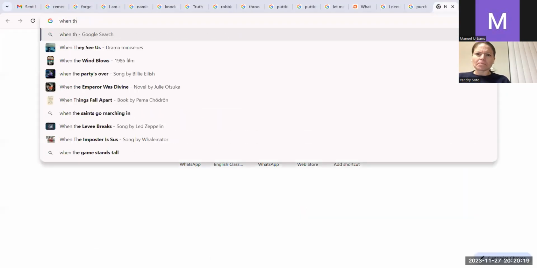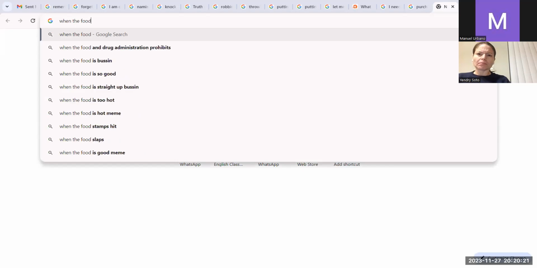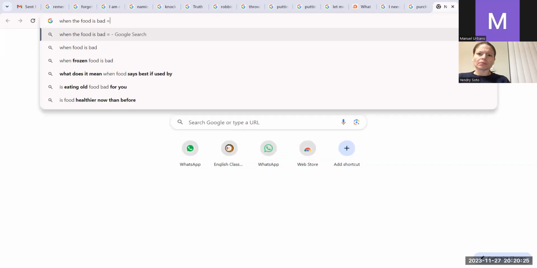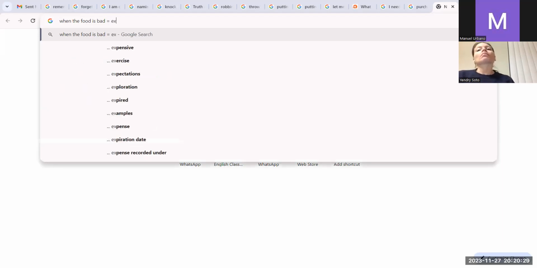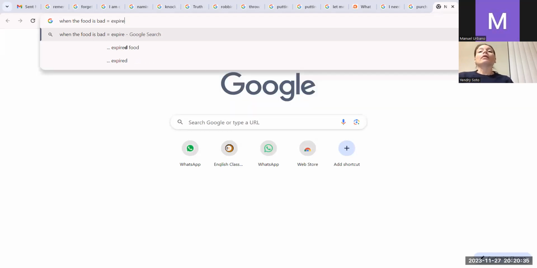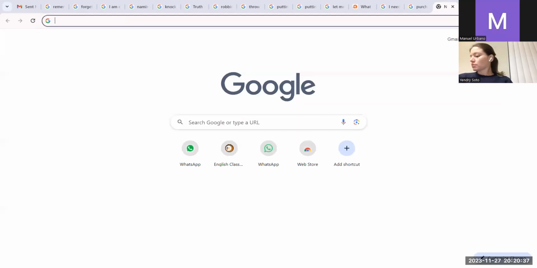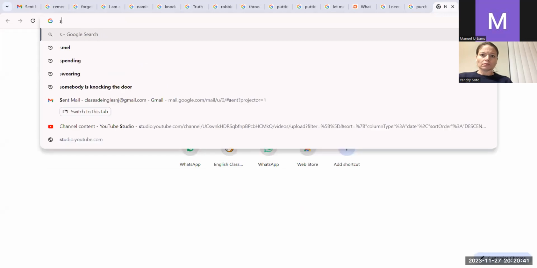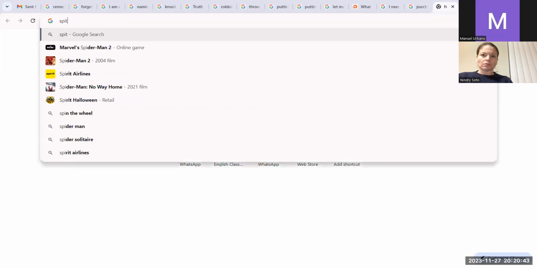When the food is bad, not because it tastes bad, but because it's expired, you spit it. You say, oh, this apple is rotten, so you spit it.